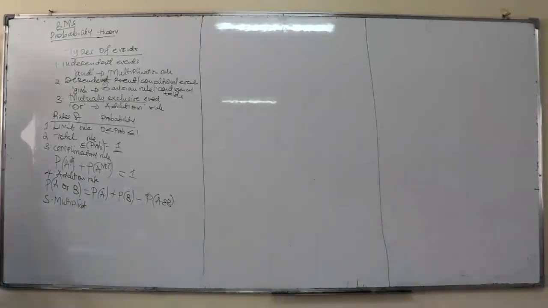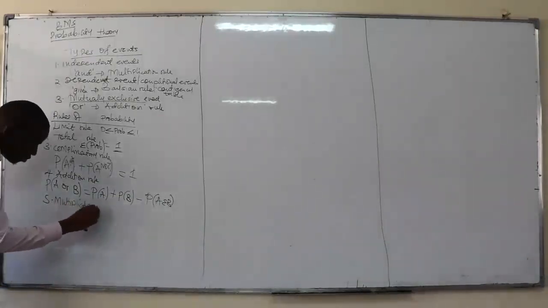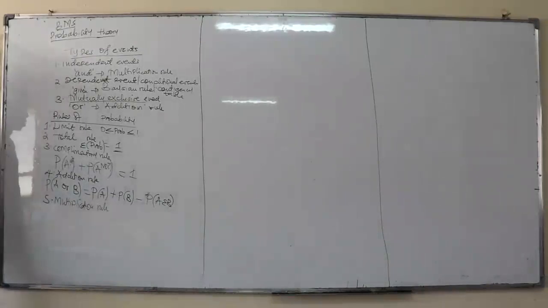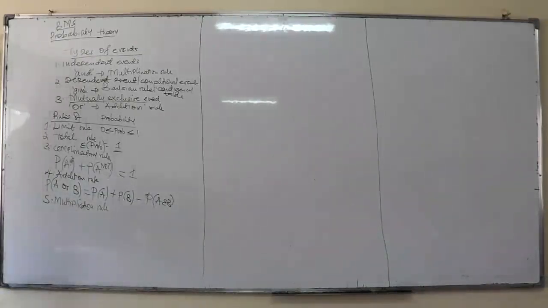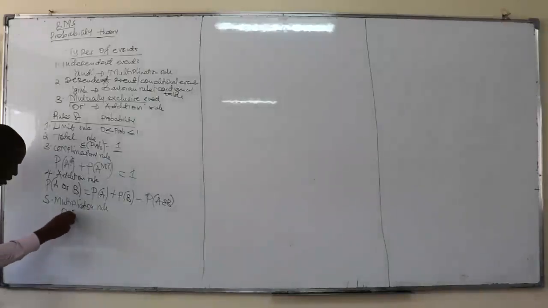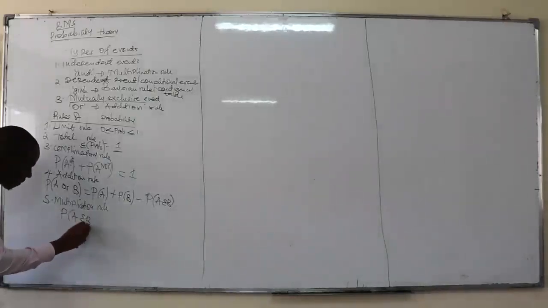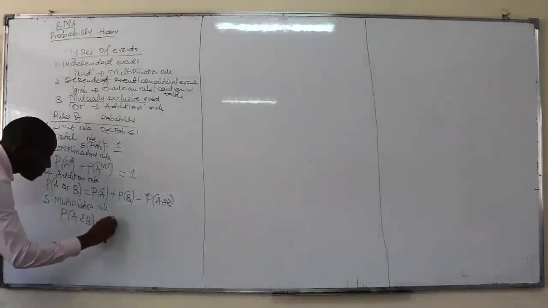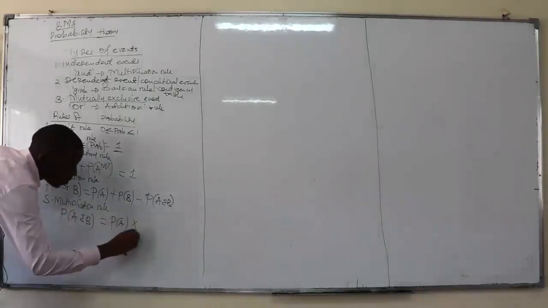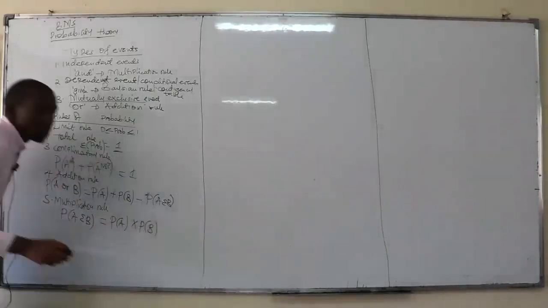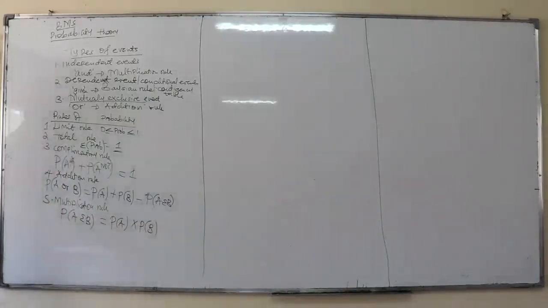Then we have the multiplication rule. The multiplication rule is normally applied to handle independent events, as we said. Therefore, if you are asked about the probability of A and B together, it will be the probability of A multiplied by the probability of B. And that is how you get it.